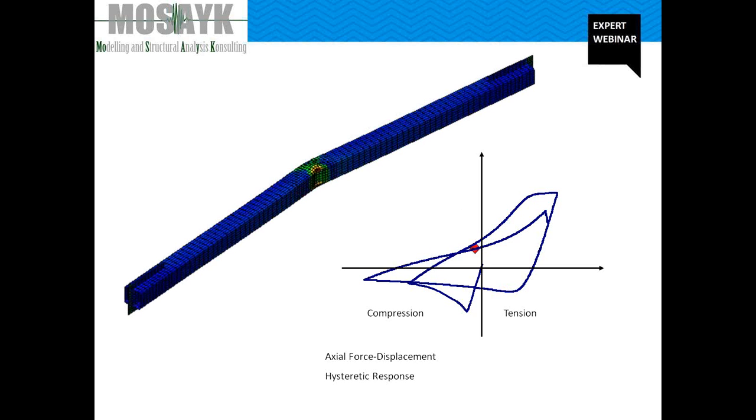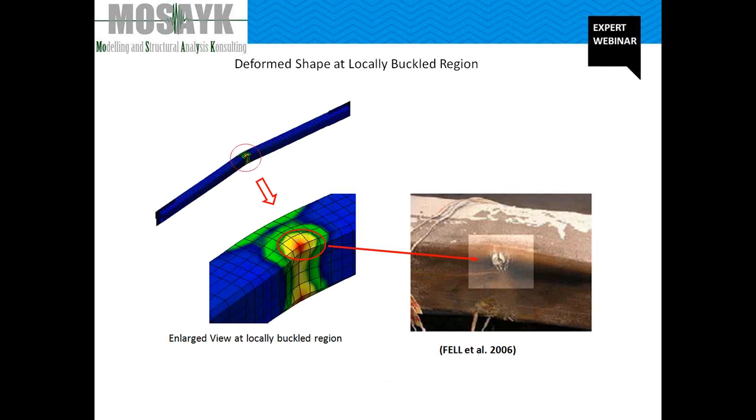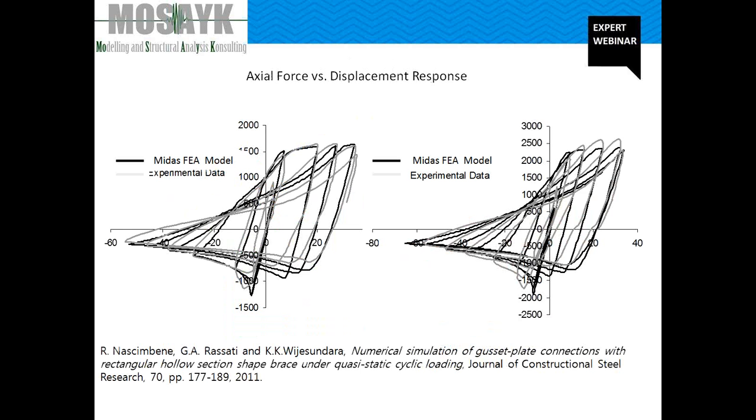Then we can move to the next slide, where we can check that the locally buckled region is compared and equal to the one observed in a past experimental program, and we can close the presentation by watching how Midas FEA is able to reproduce the experimental test.